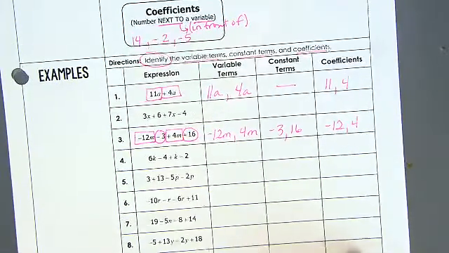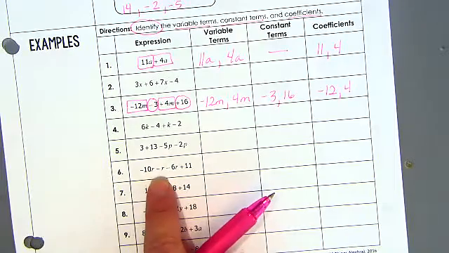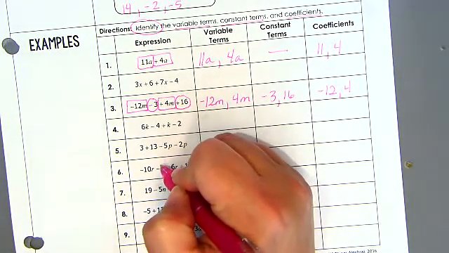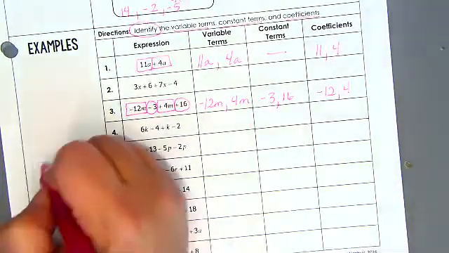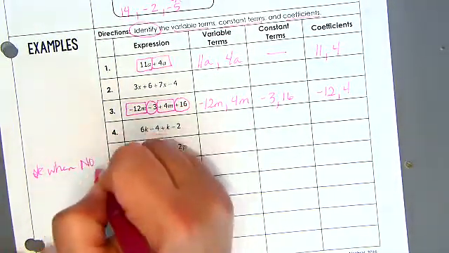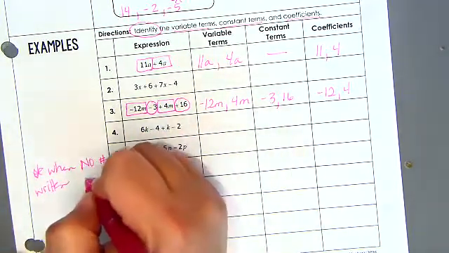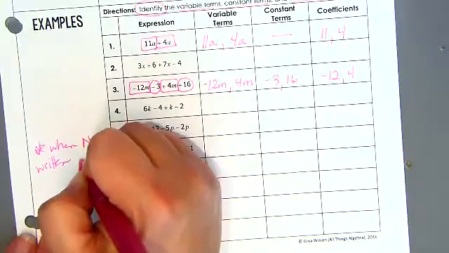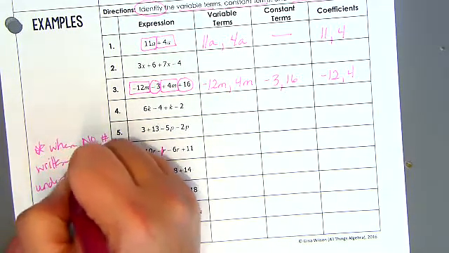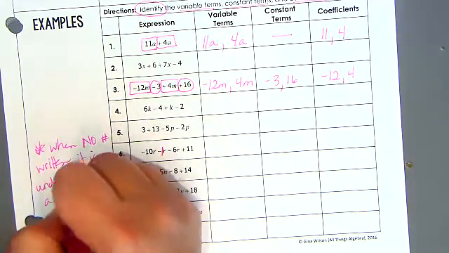Next example, number 6. The curveball here is there is no number written in front of this r. When no number is written, it is understood to be a 1.